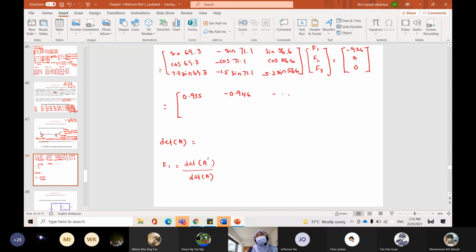So if you want to use Gaussian elimination or Gauss-Jordan, it's quite difficult because we want to eliminate that, since it involves decimal numbers. So I recommend that you use Cramer's rule. It's easier.